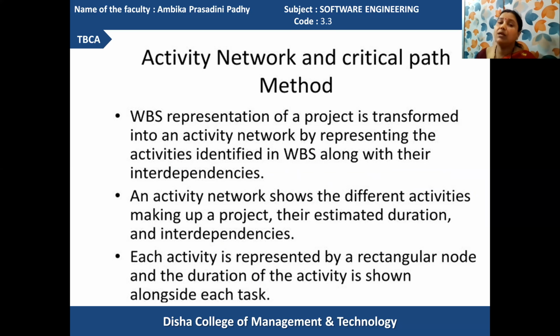Got it? The WBS only contains the activities to be performed, but the activity network contains the order in which all those activities are to be executed and what the interdependencies are among all those subactivities. Got it? And if you do not go for identifying this, then it may cause some other problems. The planning will not be perfect.